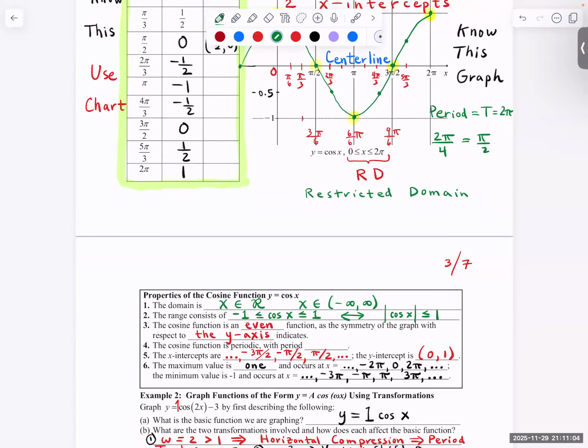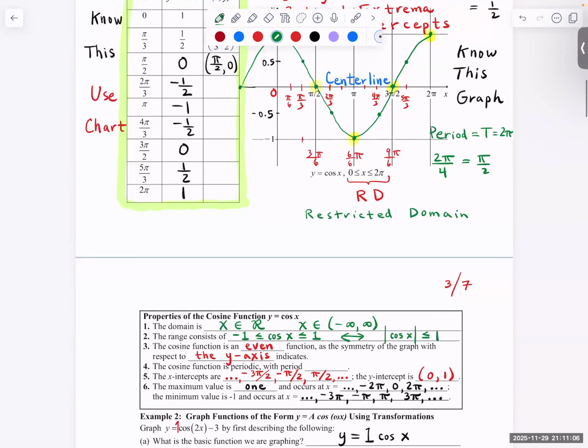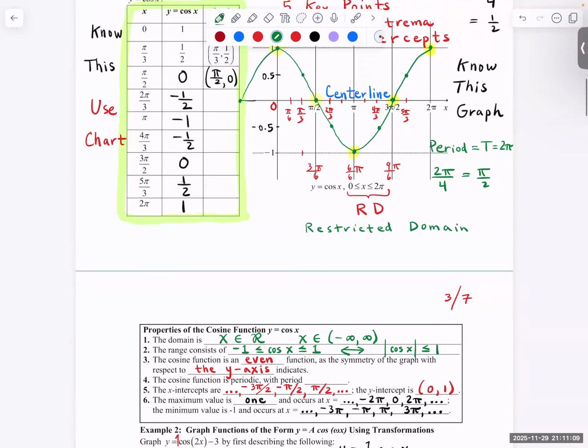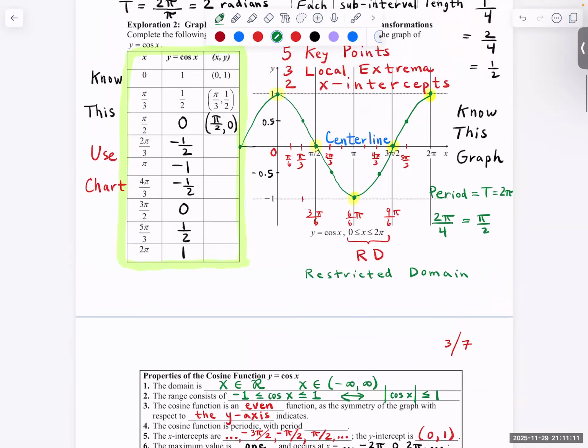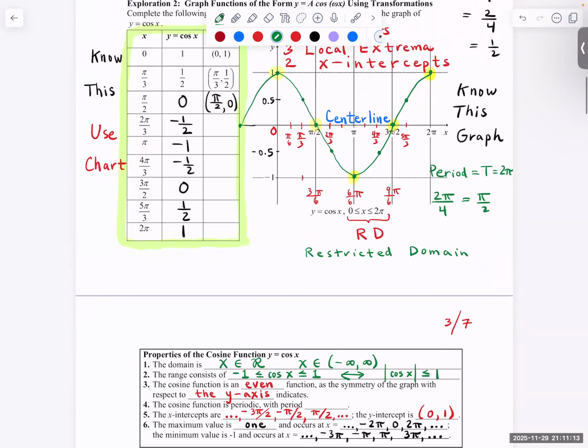The cosine function is an even function and displays symmetry of the graph with respect to the y-axis. So that means if you were to look at the point pi over 2 comma 0 and think of the opposite input, which is negative pi over 2, the function value is the same at 0. And again, you see this y-axis symmetry.